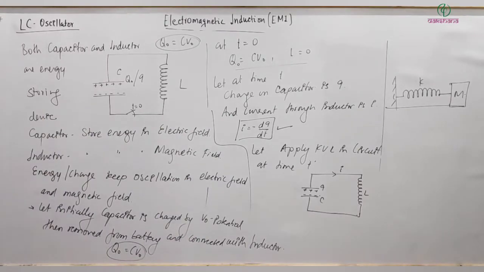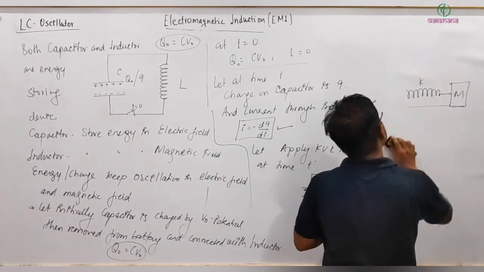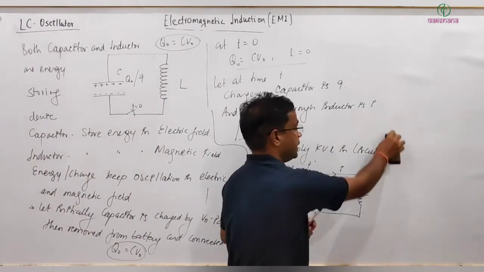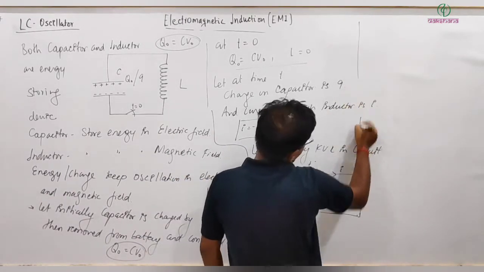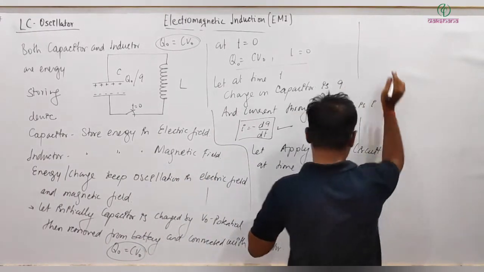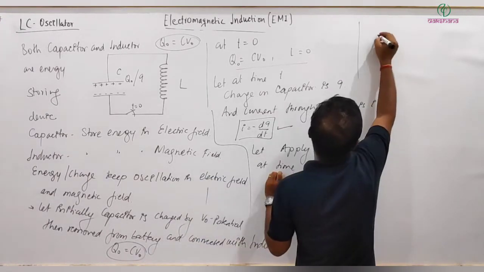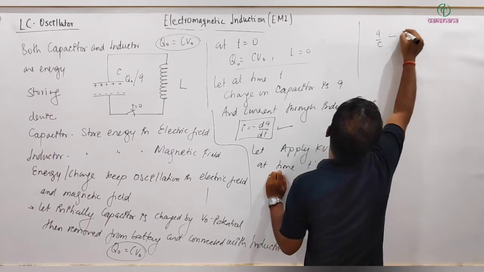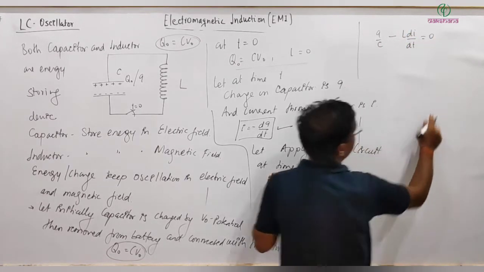So now I can apply KVL in the loop. At this moment of time, it's Q by C minus L di by dt equal to 0.